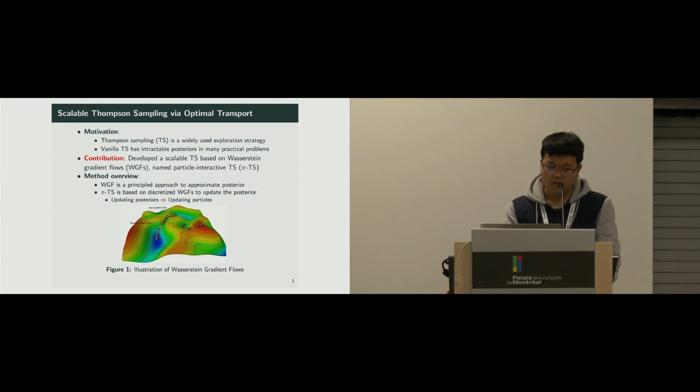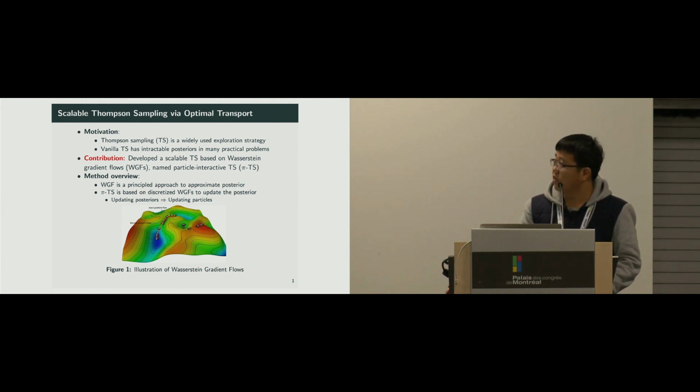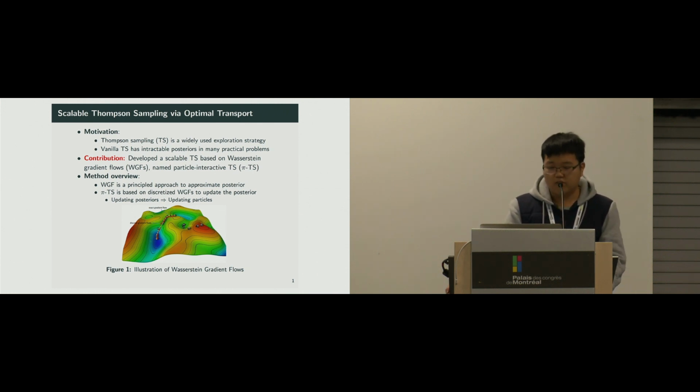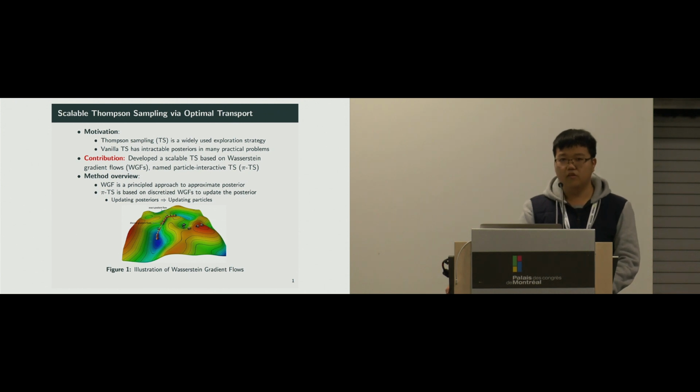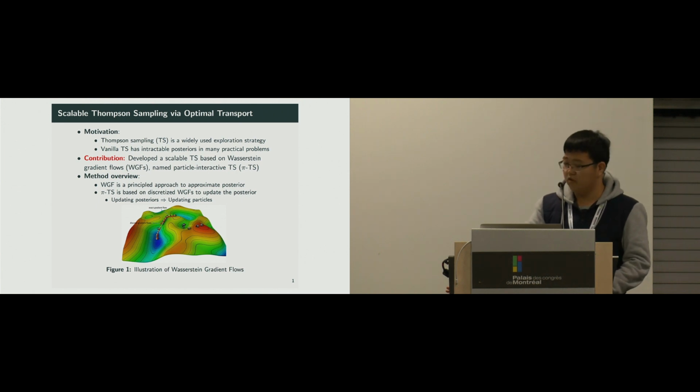Since Wasserstein gradient flow is a principled approach to approximate the posterior, PITS is based on discretizing the Wasserstein gradient flows to update the posterior. Intuitively, we update the posterior by updating the particles. And this figure illustrates the Wasserstein gradient flows.